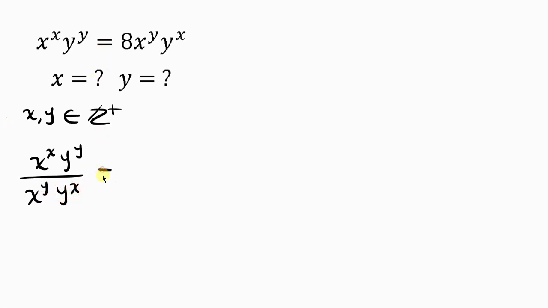And this is equal to the right-hand side, we have 8 times x to the y times y to the x. Now dividing by x to the y times y to the x, notice that this can cancel off this.